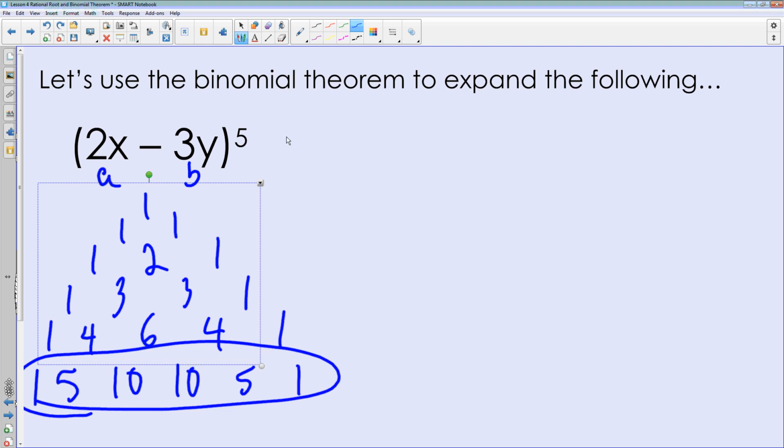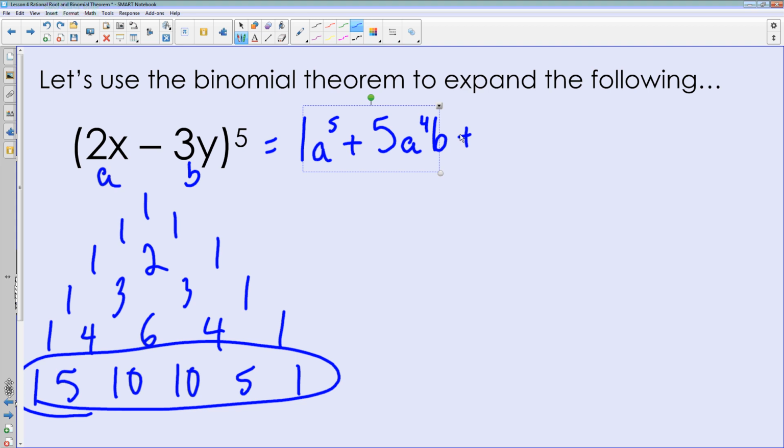Okay, so I'm going to do just like what I did the last time, just because it helps me. You don't have to. So 1, and it's going to be A to the fifth, because it always starts with the highest power, plus 5A to the fourth, B, plus 10A cubed, B squared.